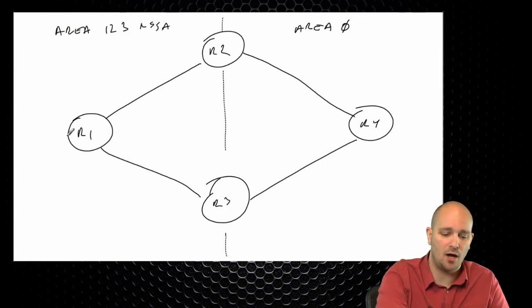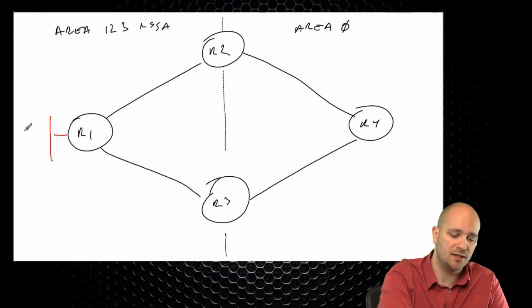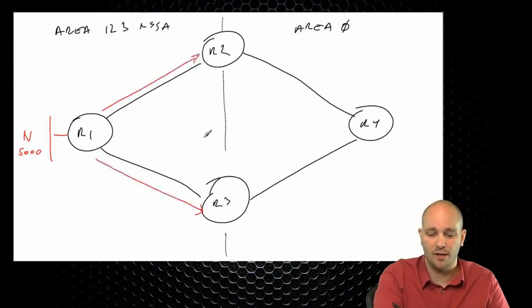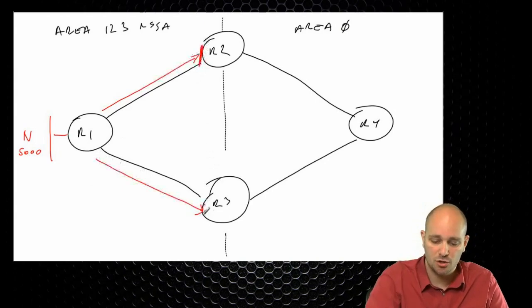And let's say that our R1 here is injecting 5,000 routes inside. So these are going to arrive to R2 and R3 and stop here. So these are type 7s.